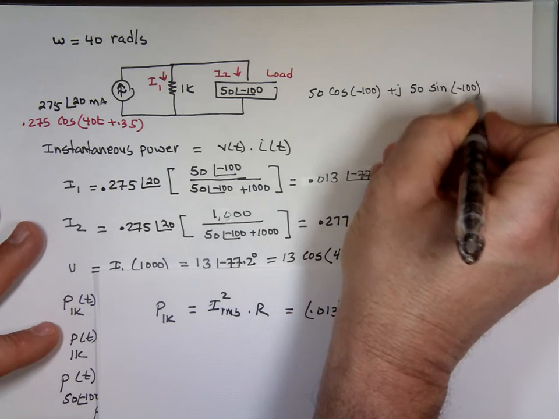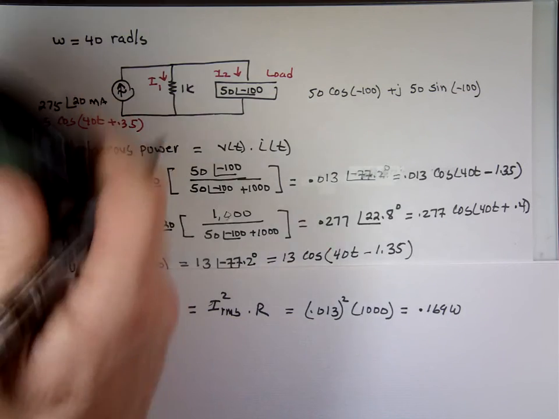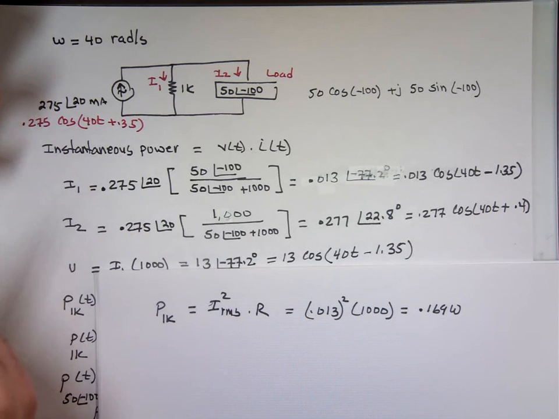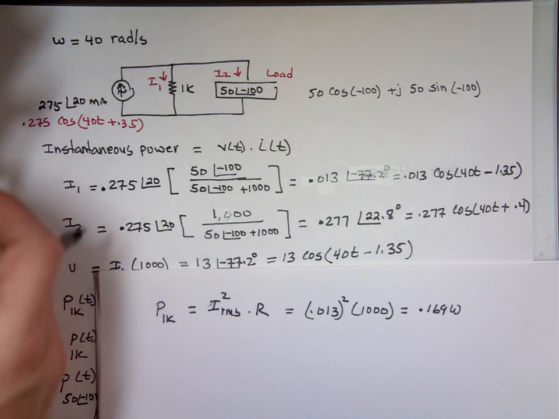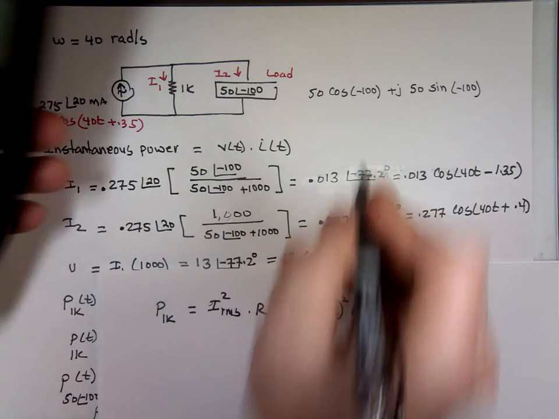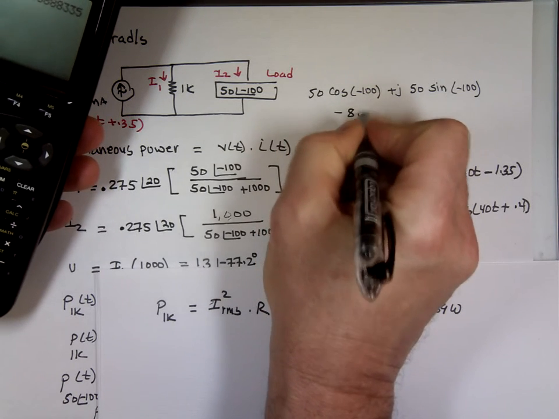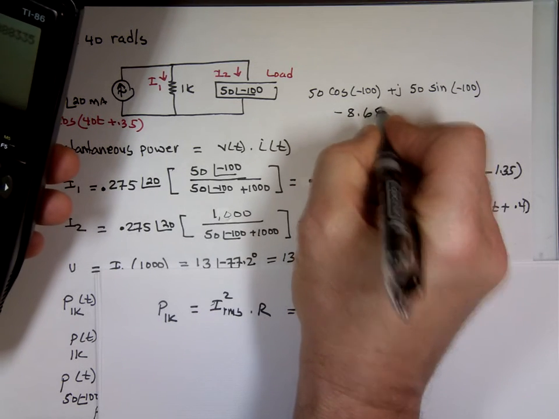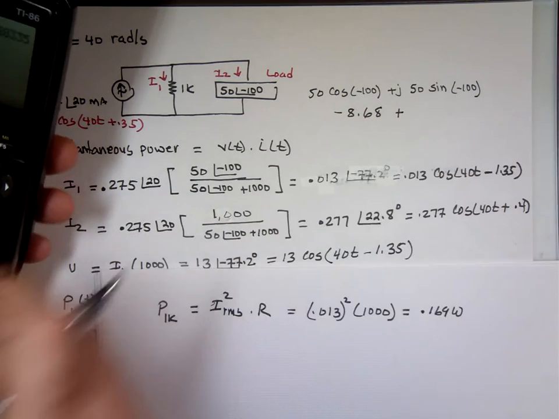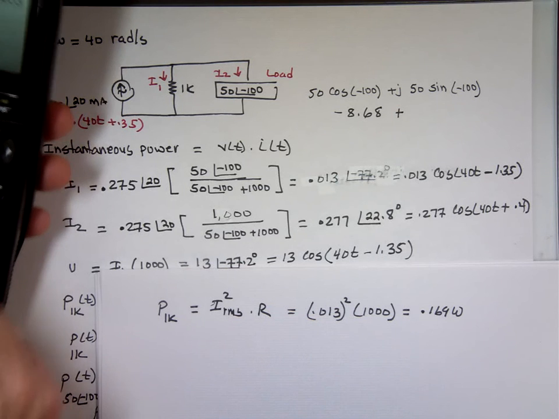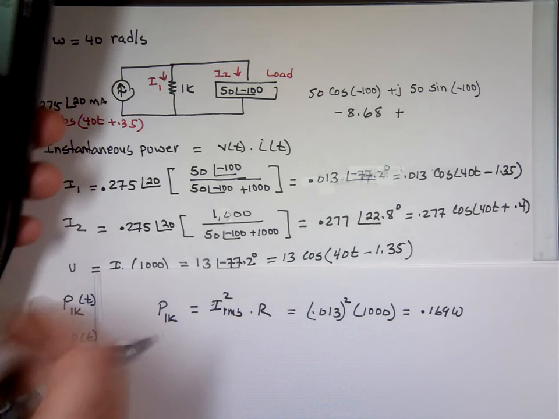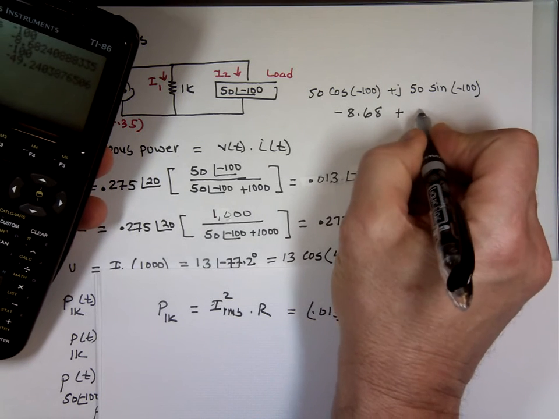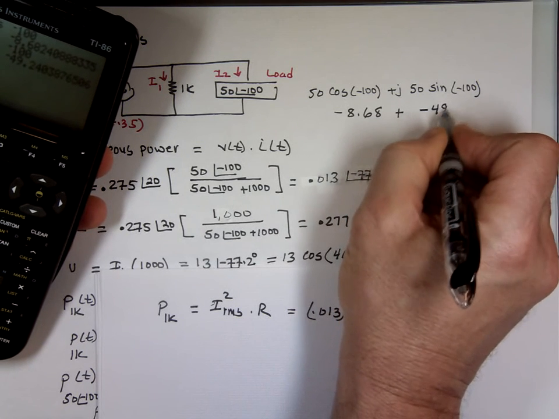So let's see what the values are. 50 cosine of negative 100 is negative 8.68, and 50 sine of negative 100 is negative 49.2 j.